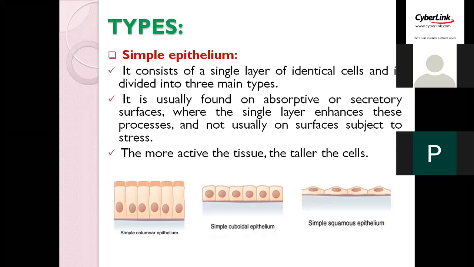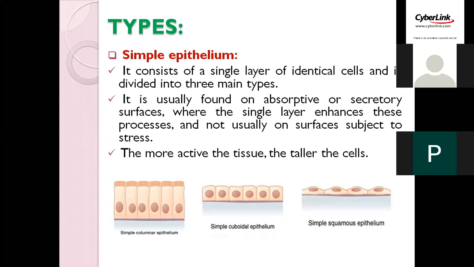So that is the main difference between these three. They are divided based on shape: columnar, cuboidal with a cube or square shape, and squamous, which is flattened, where the cells are very flat.